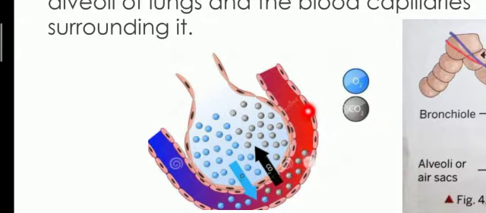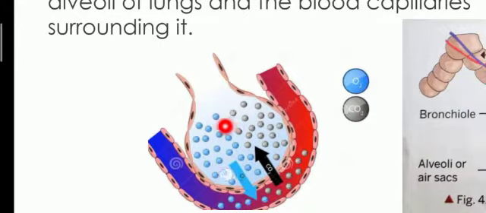As we saw, the carbon dioxide concentration was high, so the carbon dioxide moved from the blood vessels to the alveoli. But inside the alveoli oxygen content is more, and inside the blood vessels oxygen content is less, so oxygen is entering from the alveoli to the blood cells. So this is how the exchange takes place.